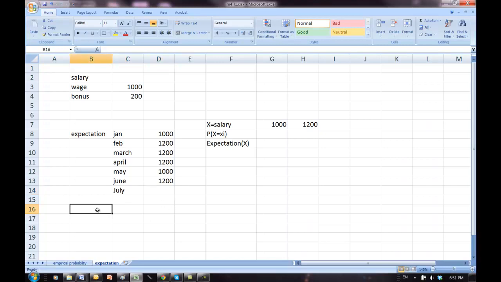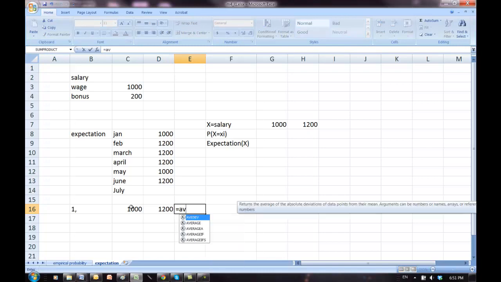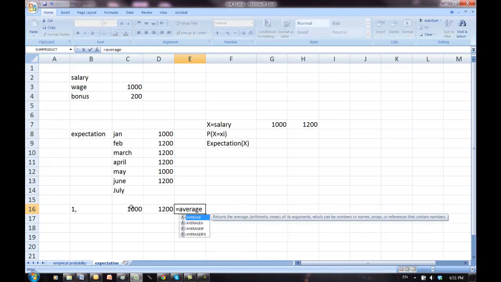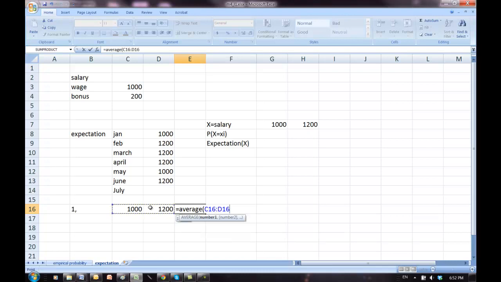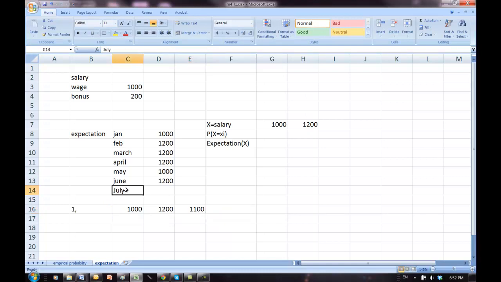So the first way is, because you either make 1,000 or 1,200, the first method simply calls for an average of the two distinct values. So that will give you 1,100. So that will be the first answer for the expected income in July.